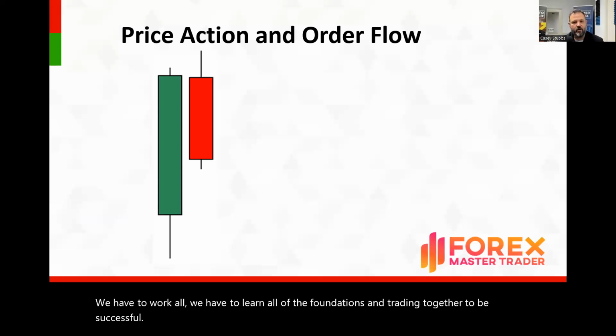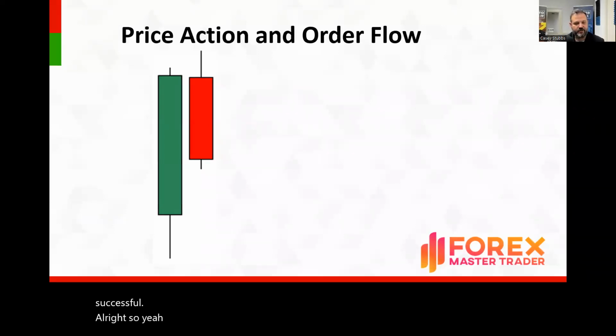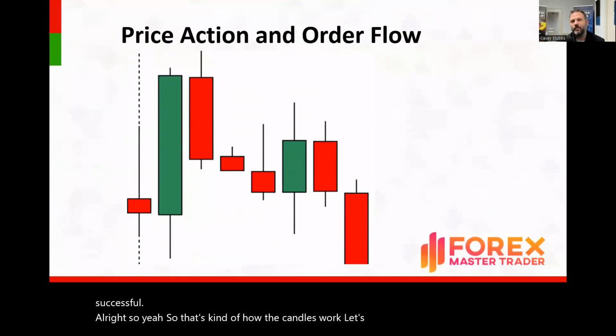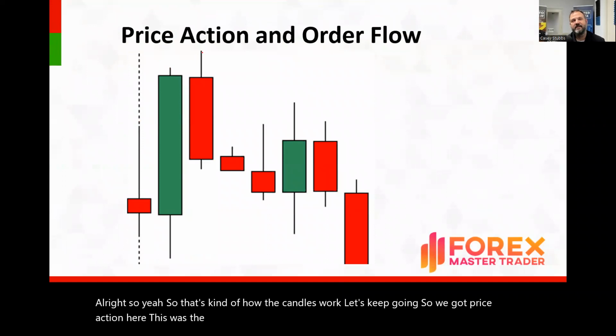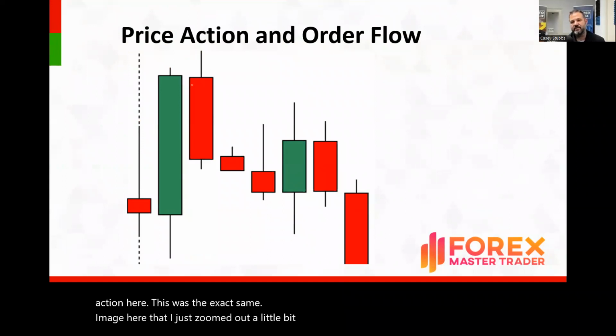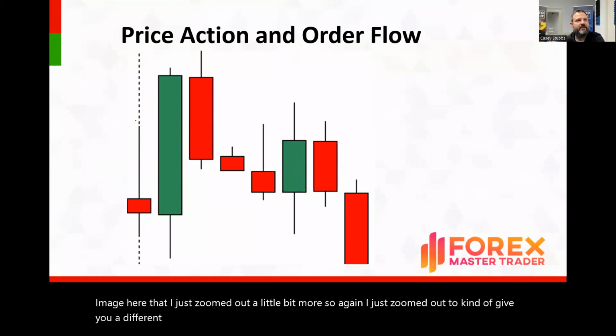All right. So that's kind of how the candles work. Let's keep going. So we got price action here. This was the exact same image that I just zoomed out a little bit more, to give you a different picture. So this was the previous candle. I zoomed out here and now I'm zooming back.